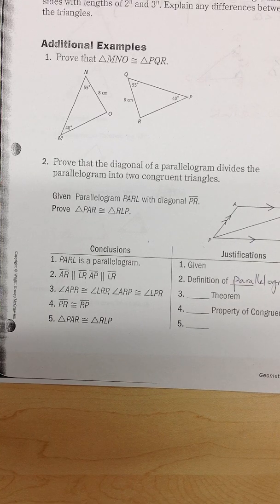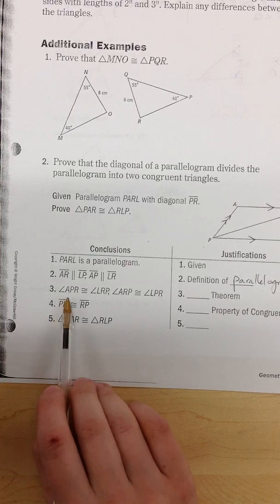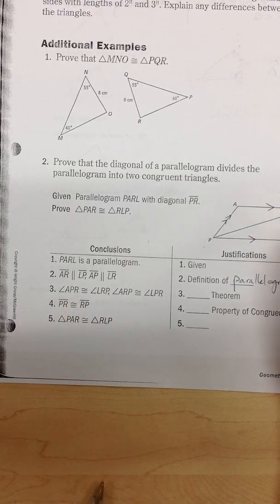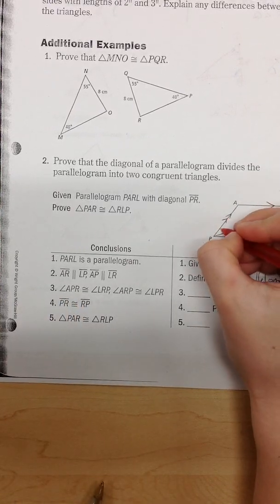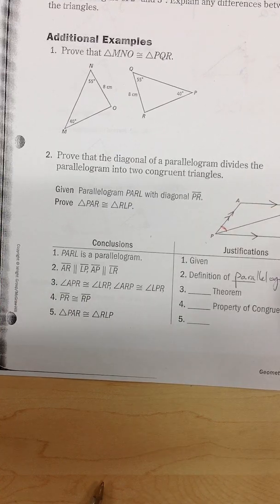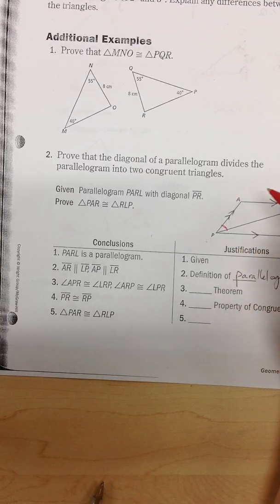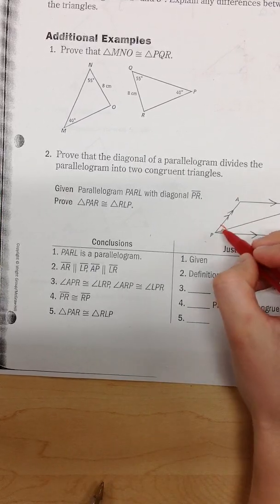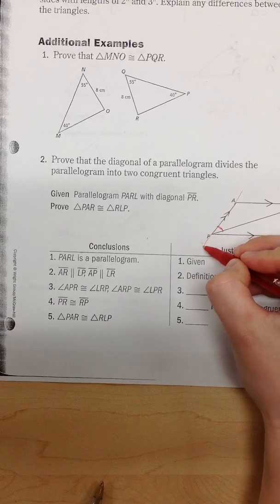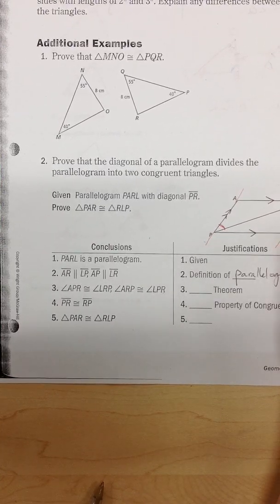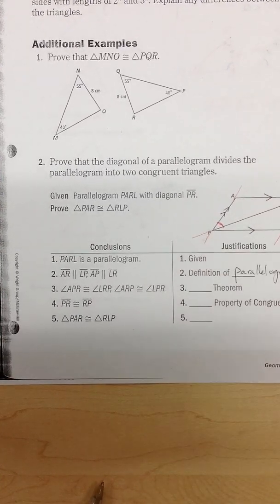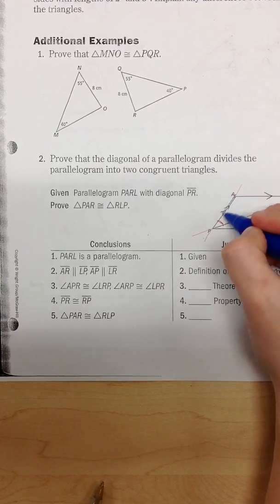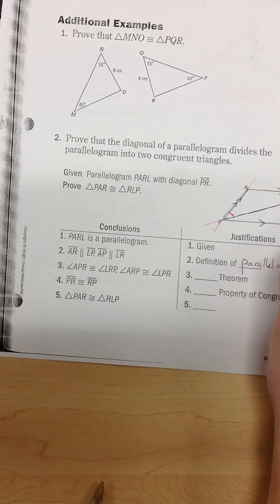And then the next thing we're looking at here is angle APR. So angle APR, that one, and angle LRP, that one, are congruent to each other. Well, if I think about kind of extending these lines out here, how would I have to extend? I would have to extend those, and that, and that. If you look at those angles, those are following that Z-type shape.